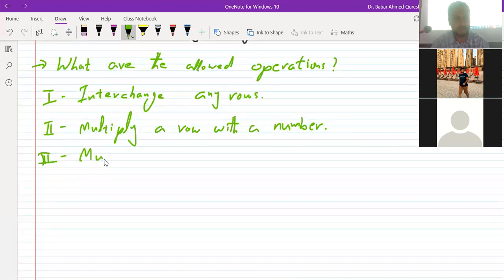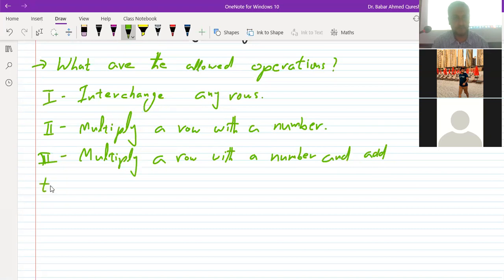Multiply a row with a number and add to another row. So these are the things which we were doing with the equations, translated into the matrix form.